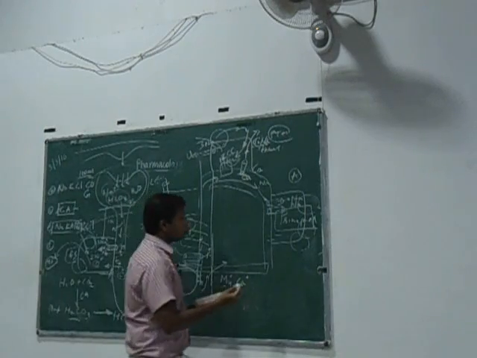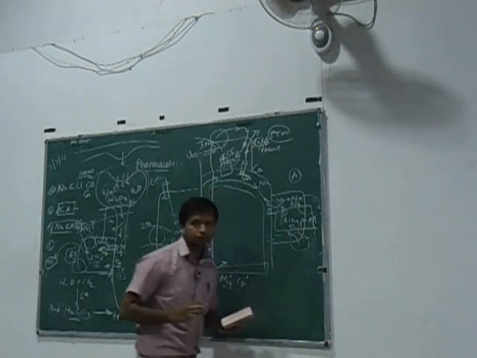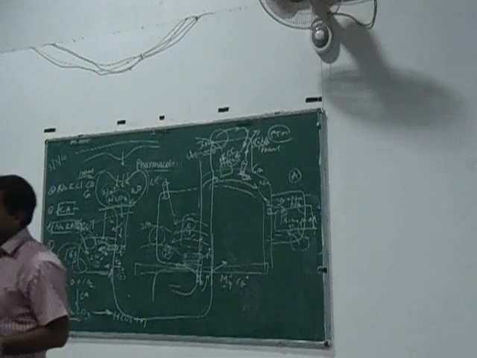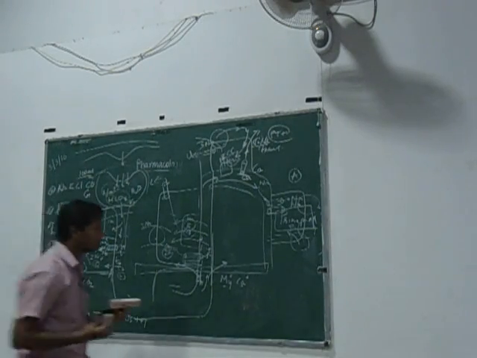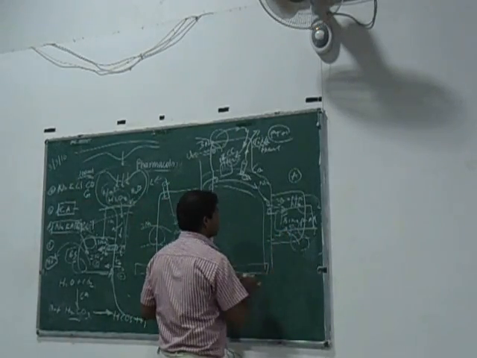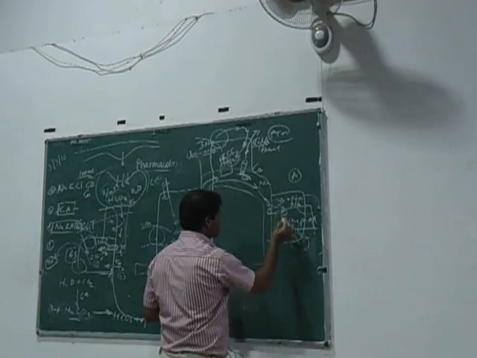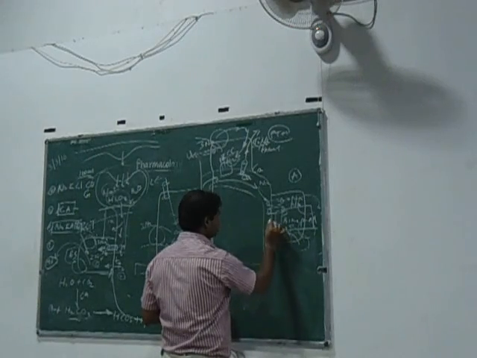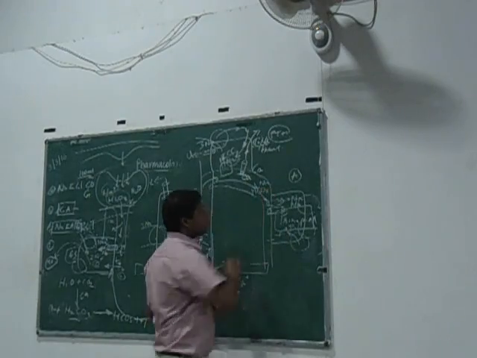So what will happen to the potassium concentration inside the cell? More potassium, because more amount of sodium is entering in, more action of the sodium potassium ATP system, and there will be more amount of potassium inside the cell. So once this sodium is entering more and more inside the cell, what can happen? We also have a major constituent, that is bicarbonate.